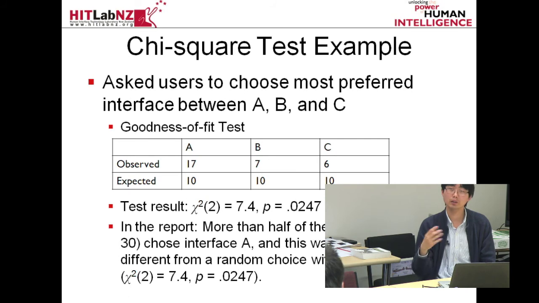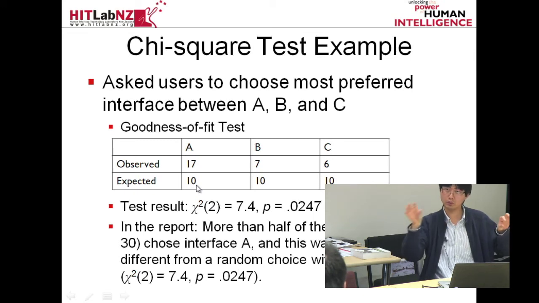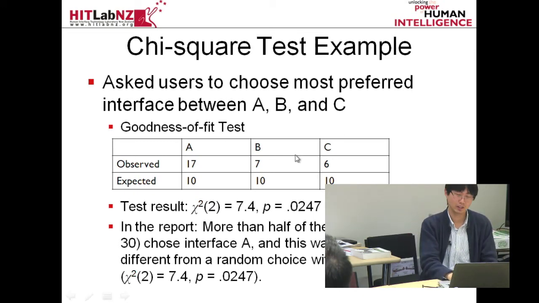By saying random choice by chance, it is saying that participants just chose randomly. And if you think of doing a random choice, you can easily think that the expected outcome should be equal for each interface, right? So the expected value could be 10, 10, 10, which is basically 30 participants.